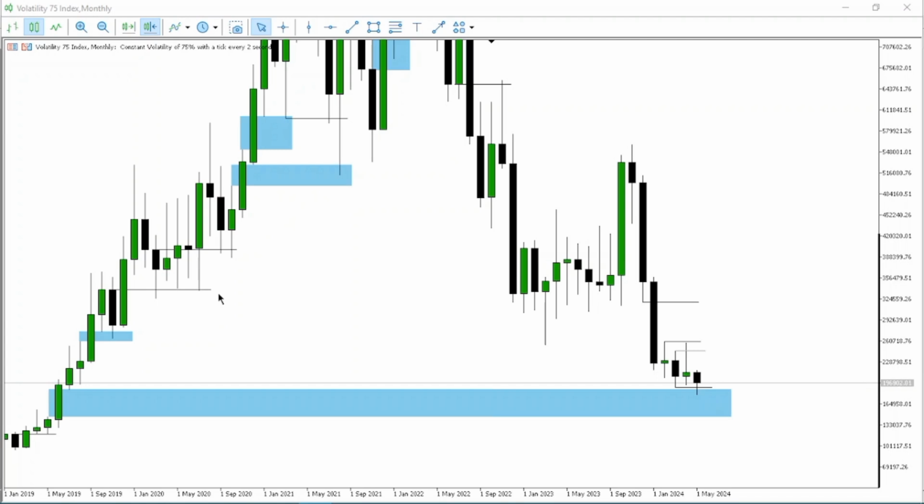That's when you see, for example, because power of 3 is something to do with time too. On this month here, power of 3 is an open, a manipulation, and a distribution higher.